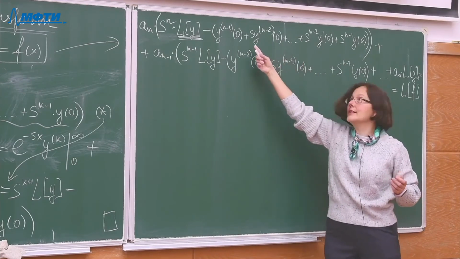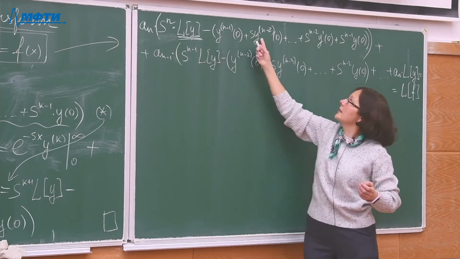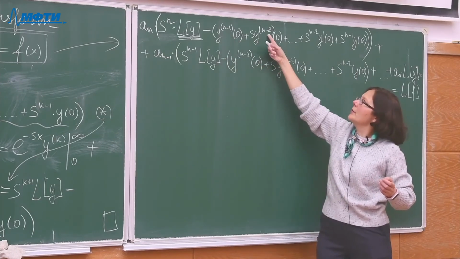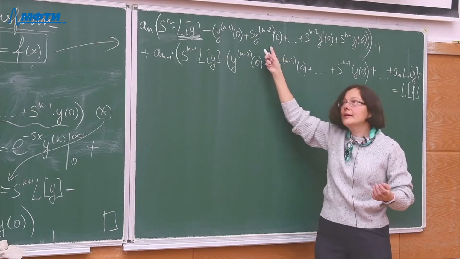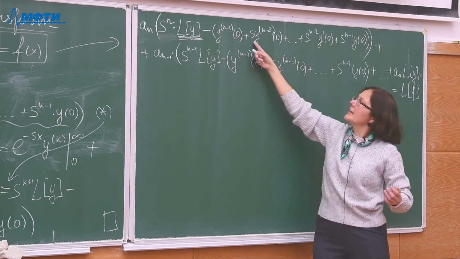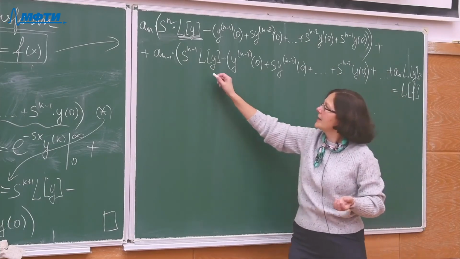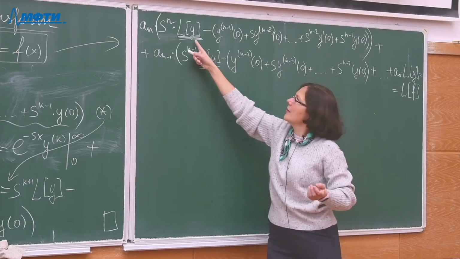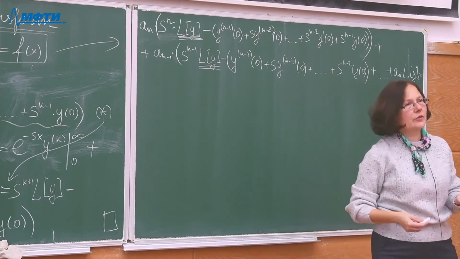As you can see, this is a polynomial in s. So this is a constant. y^(n-2) of 0 is also a constant, right? These constants are given, and this is a polynomial in s. But our goal is to find L of y. So what is the method of Laplace transform?